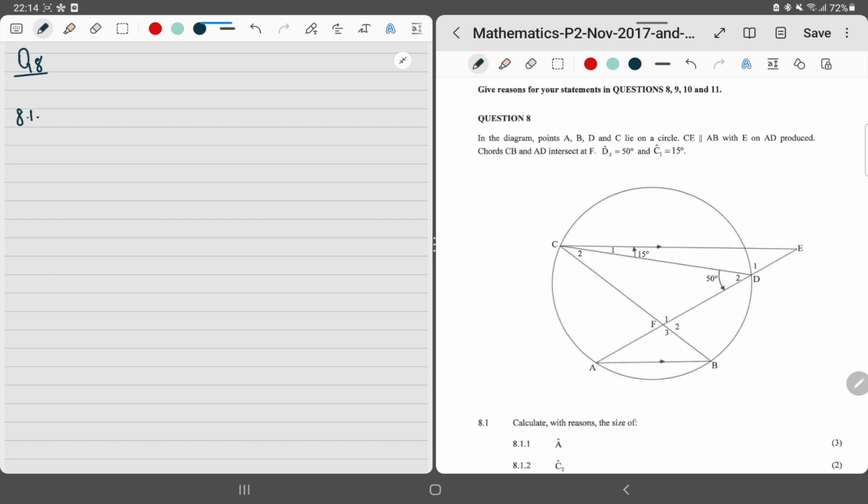8.1. Calculate with reasons the size of A. So they are looking for that angle right there. A is equal to E because of alternating angles.